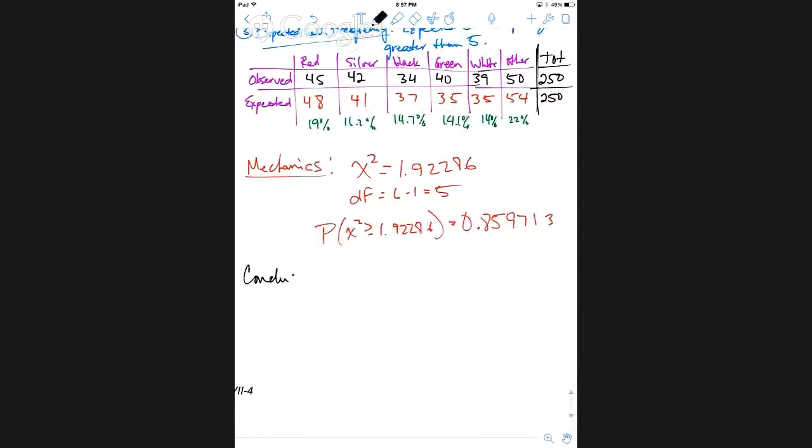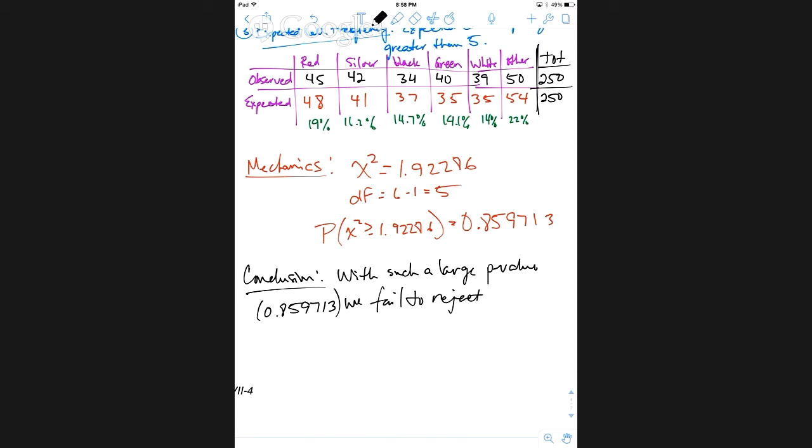Conclusion. With such a large p-value, and we got to state the p-value, 0.859713, we fail to reject the null hypothesis.